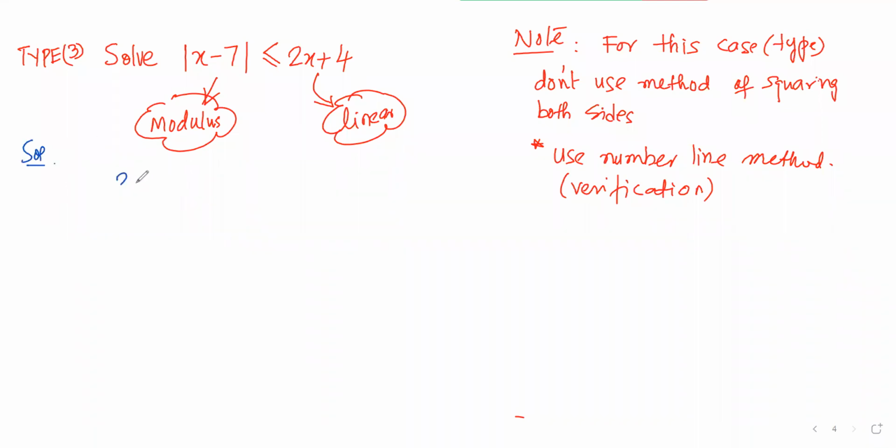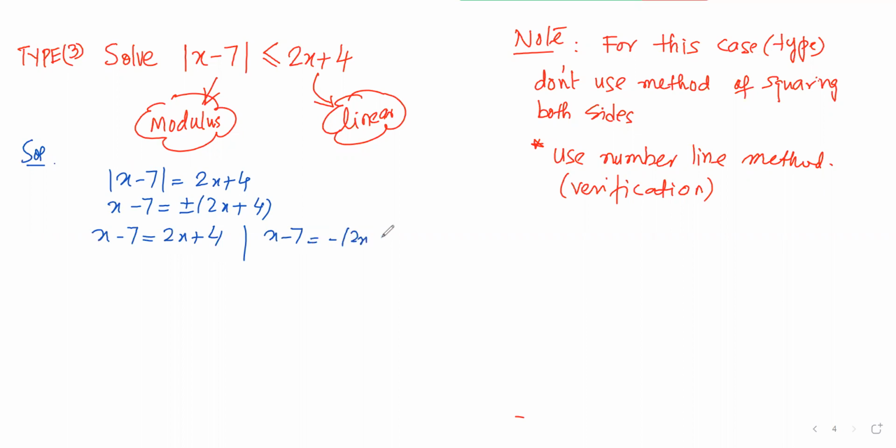Just ignore the inequality and write the equation, then write plus minus on either side and make two cases: x minus 7 equals 2x plus 4, and x minus 7 equals minus (2x plus 4). So we have minus x is equal to 11, x is equal to minus 11, and x minus 7 is equal to minus 2x minus 4. So 3x is equal to 3, and x is equal to 1.